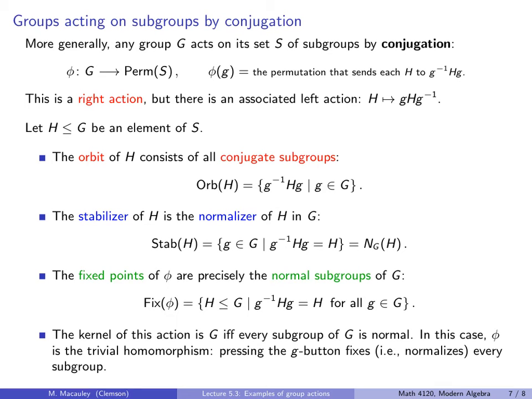In this case, phi, as I said, is the trivial homomorphism. So pressing the G button fixes or normalizes every subgroup. For all other groups, if you have subgroups that are not normal, then there are going to be elements that don't normalize every subgroup.